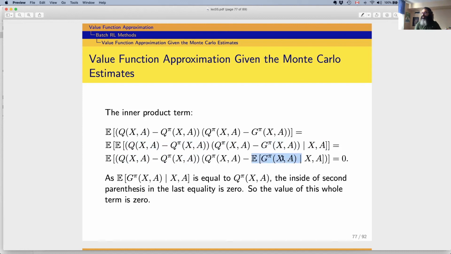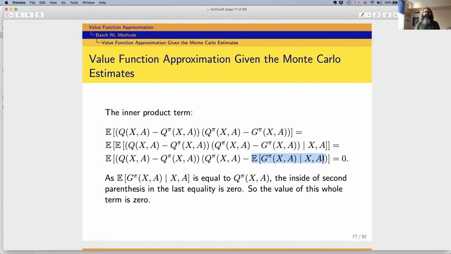But we can write it as expectation of G pi given x and a. So there is this randomness that is because of following a trajectory after x and a. But the conditional expectation of this term, the conditional expectation of return, is exactly the same as Q pi.